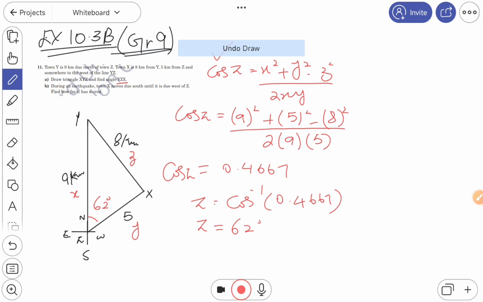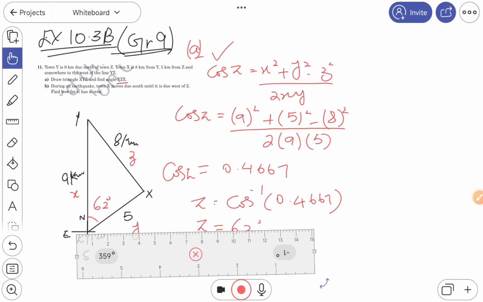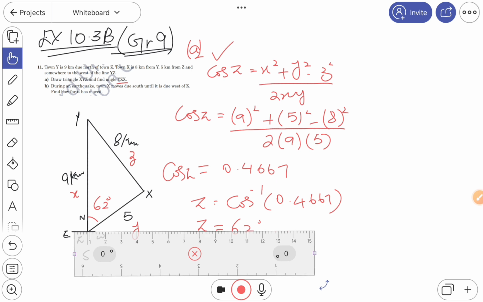After that, we are done with part A. Next: during an earthquake, town X moves due south until it is due west of Z. Find how far the distance moved is. Now, during an earthquake, the town X moves towards the south until it is west of Z. So if I extend the west of Z, it looks like this.